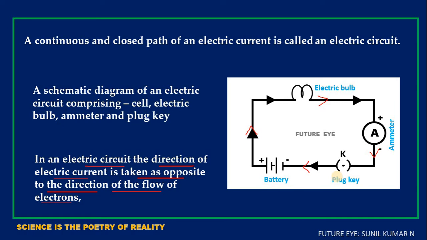It means when electricity was found, at that time electrons were not introduced. The scientists did not know about electrons at that time. They believed that charges flow in an electric circuit from the positive terminal to the negative terminal. Hence, today also we are following the direction of current from positive terminal to negative terminal. In this way only you have to show the direction of current.